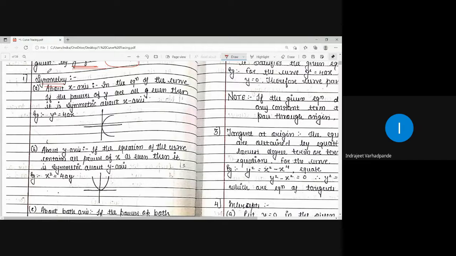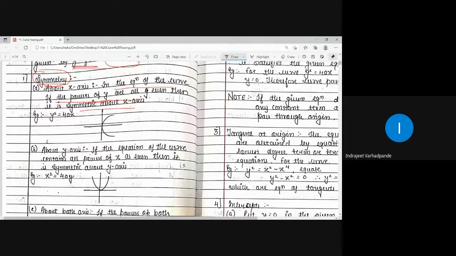So how to check the symmetry? Whether the curve is symmetrical about which axis, whether it is symmetrical about origin, or whether it is symmetrical about both the axes. It purely depends on even power of the variable. If in an equation the curve contains even powers of y, then it is symmetric about x-axis. Vice versa होता है हमेशा.